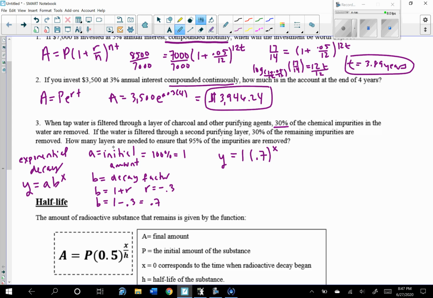It says how many layers, so that means we're trying to solve for our x, which is the number of layers. So x is equal to the number of layers to be removed. And so for this, what is y equal to then? Y is going to be the amount remaining.